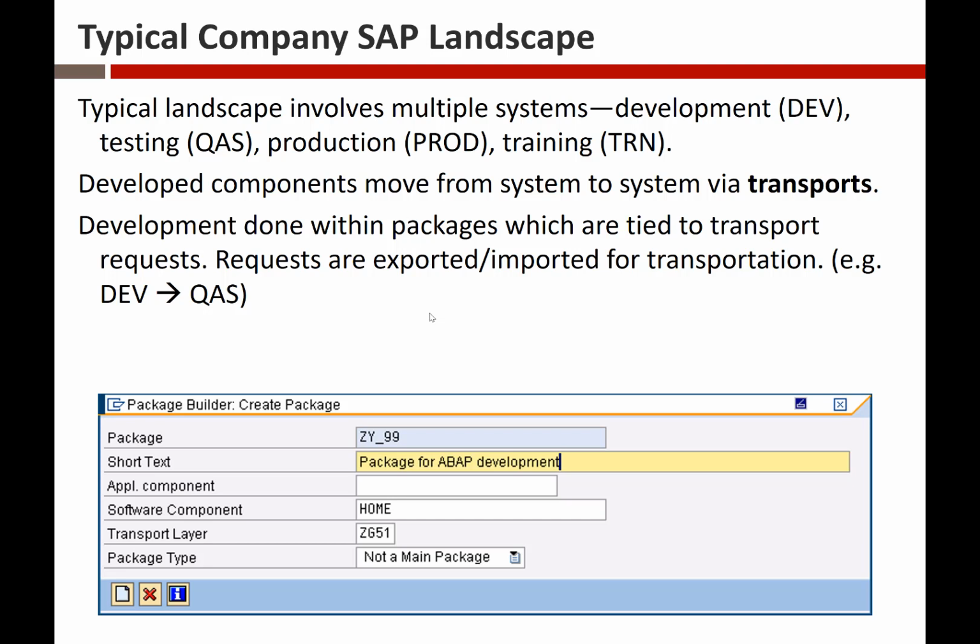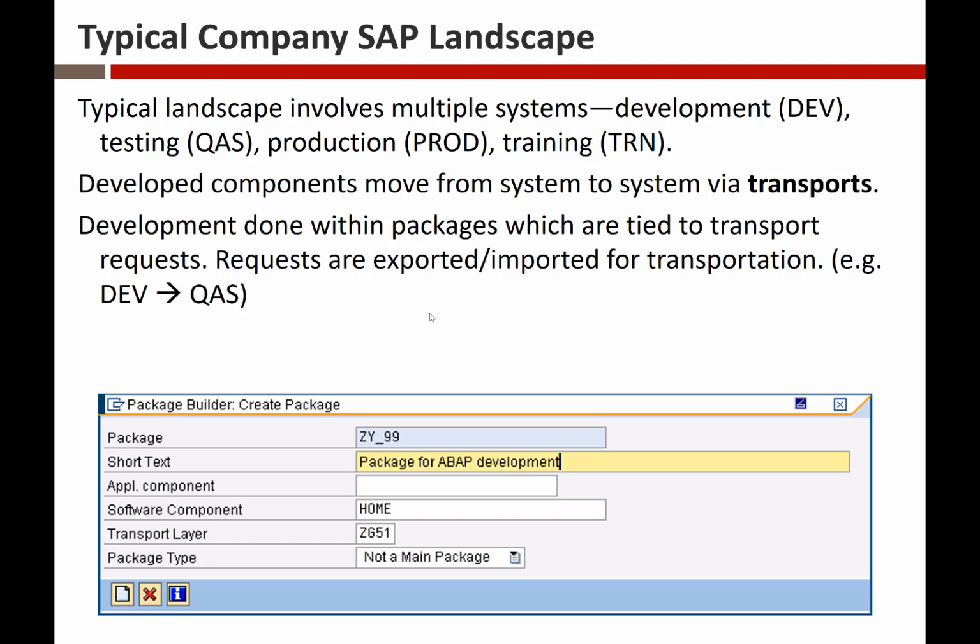Now, if you think about this, the virtue of this system is this transport here could be Project Apollo. You know, we have multiple developers working on Project Apollo. So we create a transport for Project Apollo. And we tell all of our developers, when you're doing your work, create a package, put all your Project Apollo stuff in that package, and put that package on this transport.